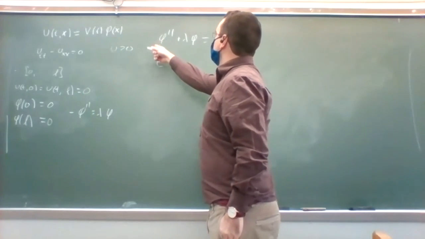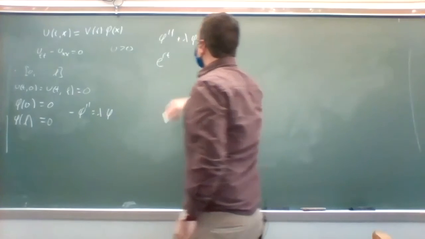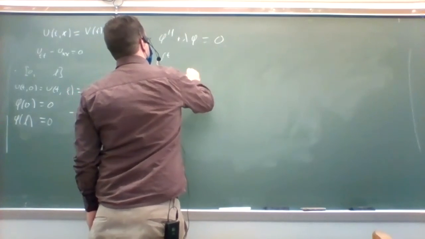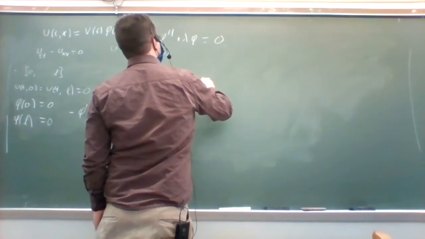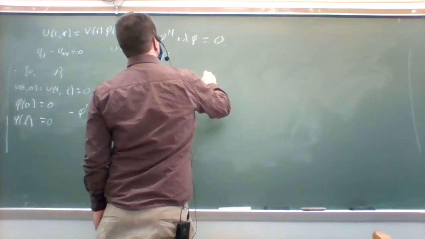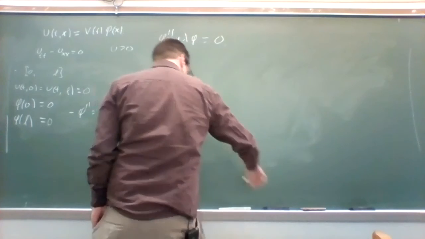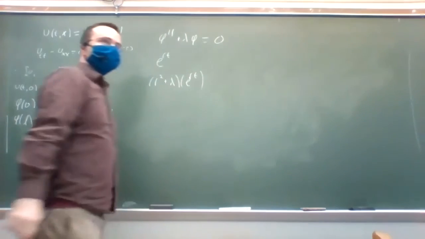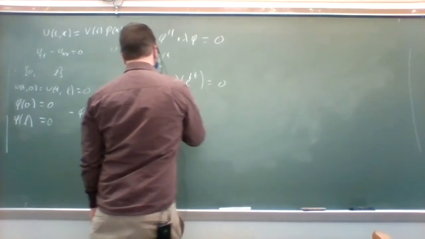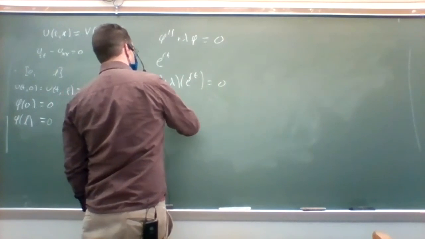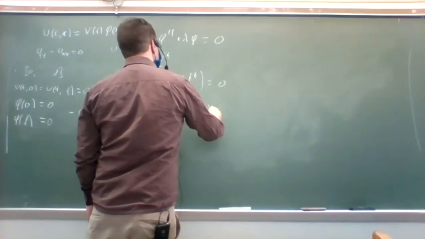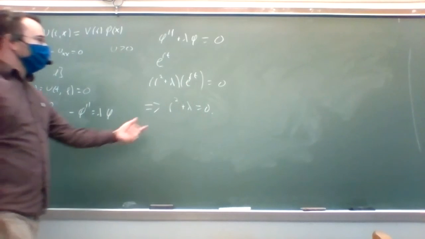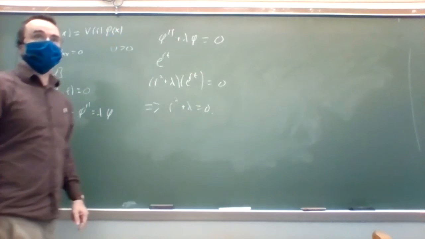You get something like r squared plus lambda times e to the rt equals 0. And then you end up searching for an r that solves r squared plus lambda equals 0. And this is called the characteristic equation of the ODE.